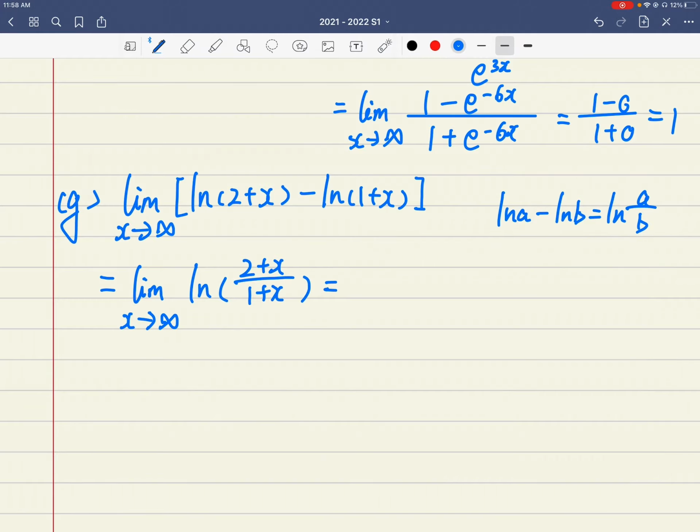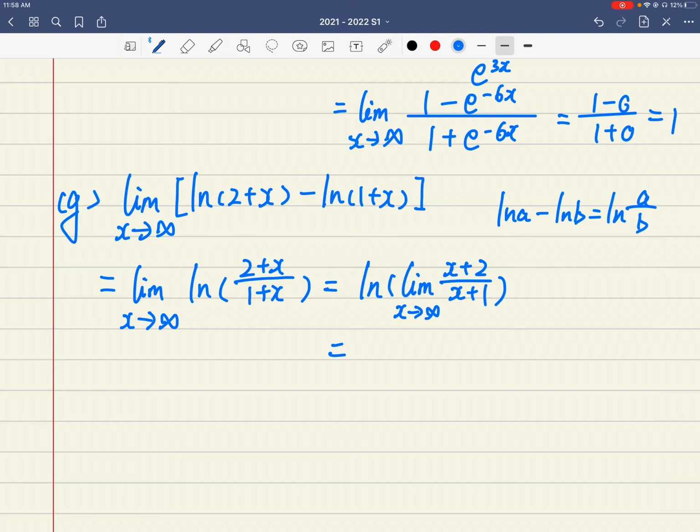Remember from last tutorial, because ln is a continuous function, the limit of a continuous function is the continuous function of the limit. So you can swap the order of your calculation. It can be changed to ln of the limit of (x plus 2) over (x plus 1).